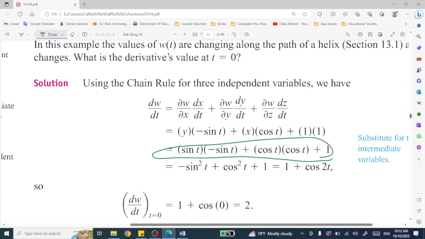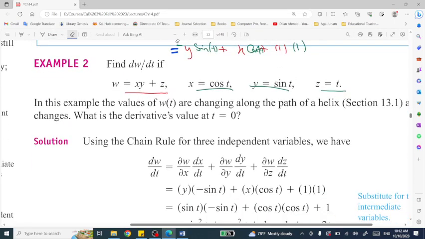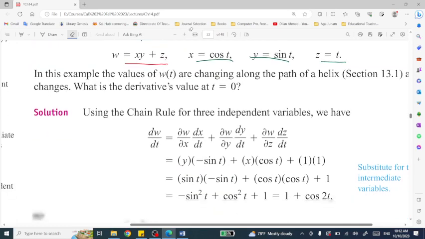So what shall we do after that? We did this step. What shall we do? Yeah, substitute y as cosine, x as sine. If we have a z as t, we don't have it, fortunately. So we are going to solve it. Look at it and let me know if you understand or not, please.